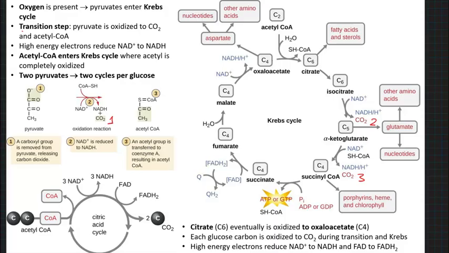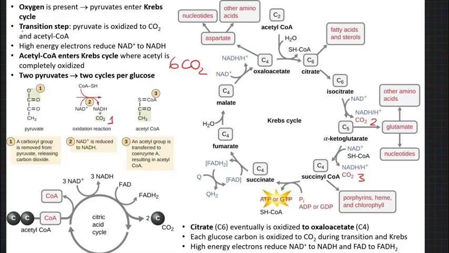Right? So, altogether, for the glucose molecule, what do we need to do with the number 3? We need to double it, right? So, per molecule of glucose, the transition step and the Krebs cycle give us 6 molecules of CO2.